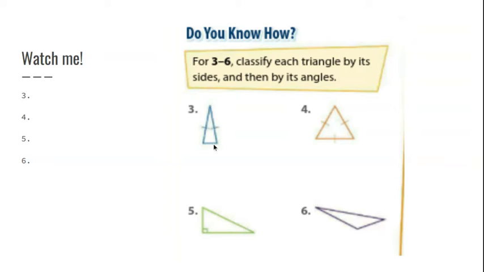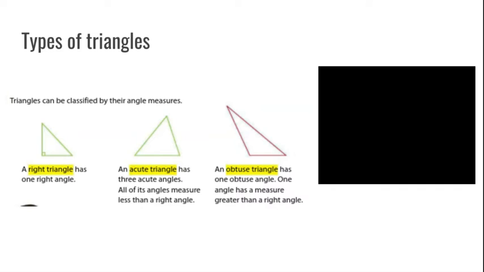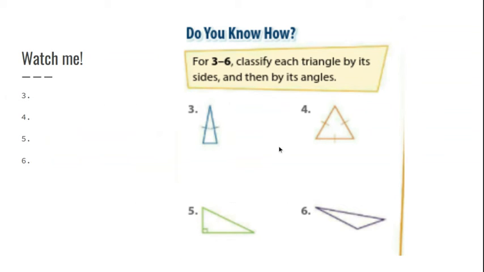These angles look like they are less than 90, so this is an acute triangle. I'm looking at this angle right here where the lines are. Number 4 also looks like an acute triangle because the angles here are less than 90. It looks like the triangle in the video.